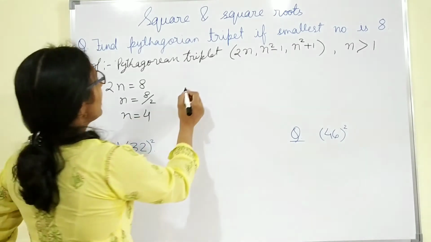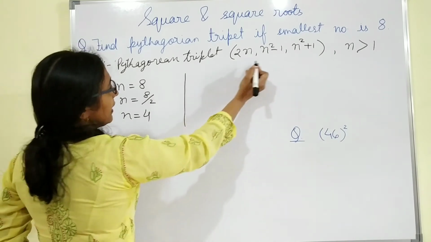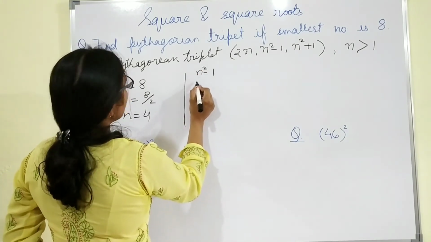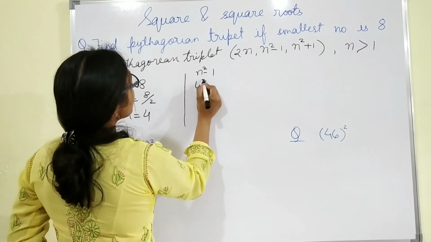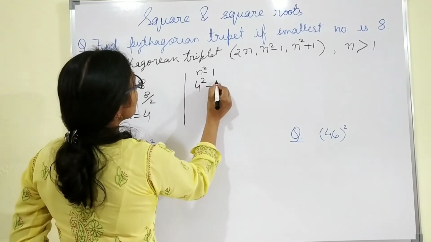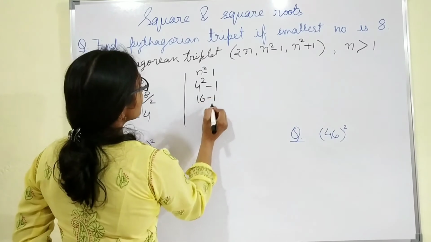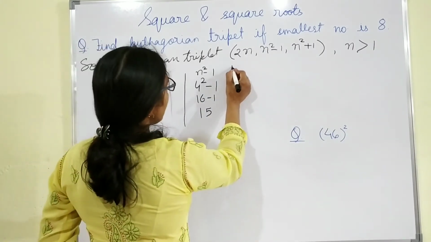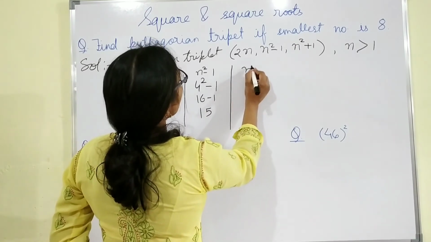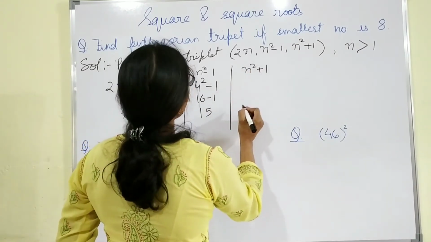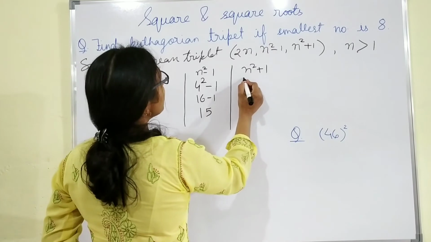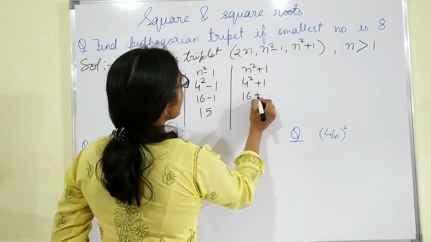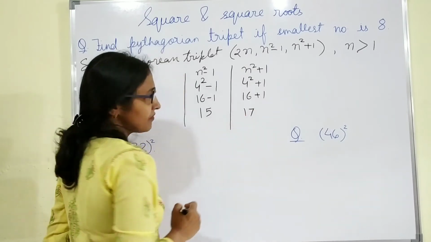Now we have to find n squared minus 1, which means 4 squared minus 1, 16 minus 1, so 15. Next number is n squared plus 1, which means 4 squared plus 1, 16 plus 1, that is 17.